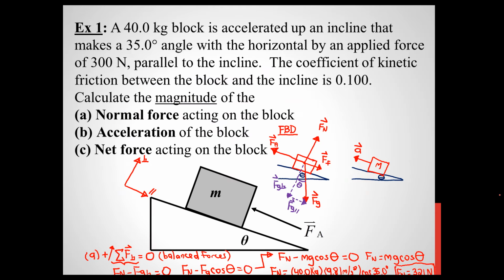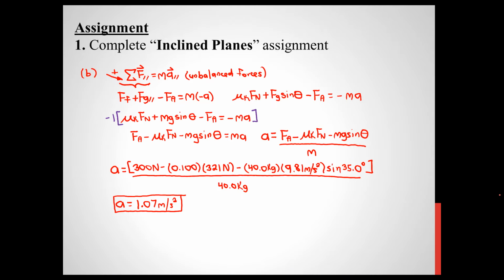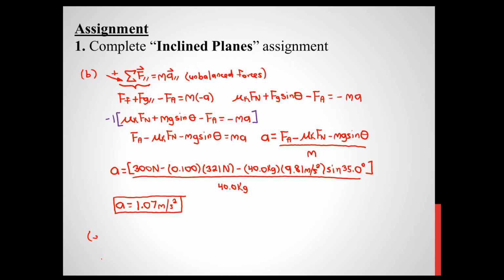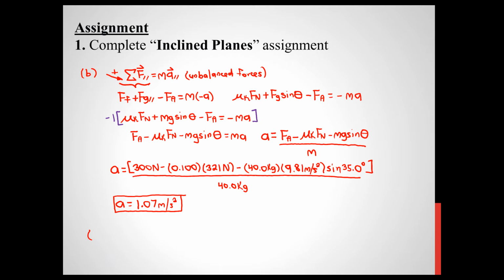Part C wants me to figure out what is the magnitude of the net force on the block. Now, there are two ways you can do this. One way would be a little bit more work. One way would be a little bit less work. So I'll highlight both ways you can do this.